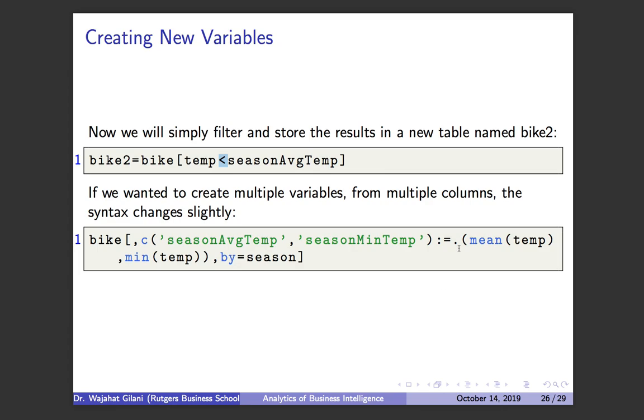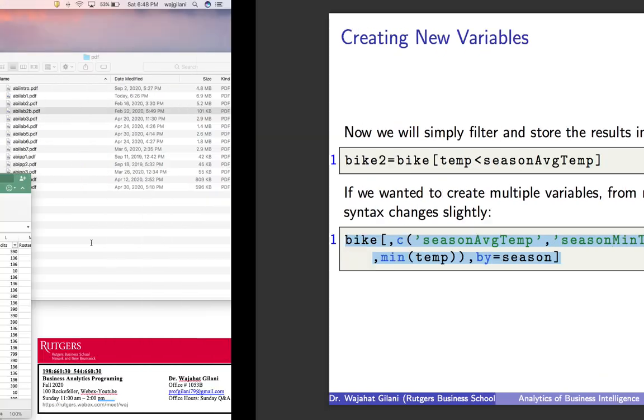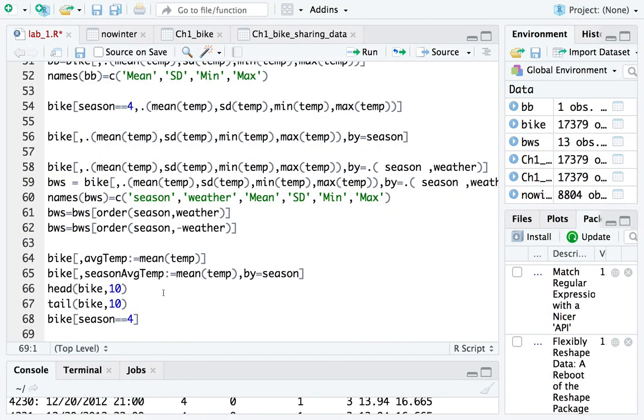If I want to create more than one column, this part is fine, the group by season, that's fine. I want to create a new column that has the mean temperature and the minimum temperature. Again, that's fine. But when I'm creating these two new columns, I have to wrap them in a C function, and I have to put them in quotes. Let me put them side by side, right underneath the other, so you can see it clearly.